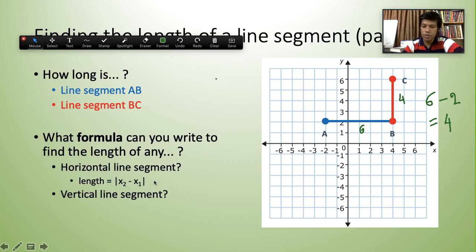So see, x2 minus x1, y2 minus y1. Vertical is y, horizontal is x. So this will be y2 minus y1, and this will be x2 minus x1. Mathematically we can write it this way.